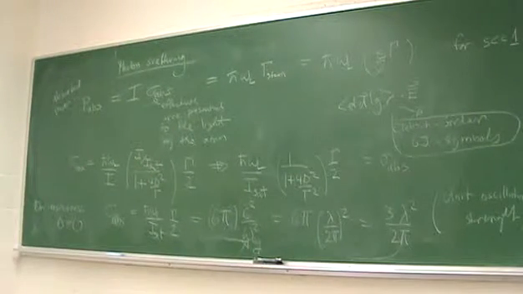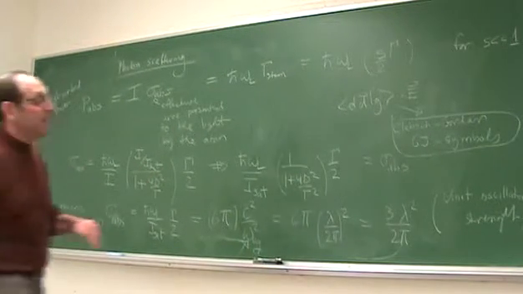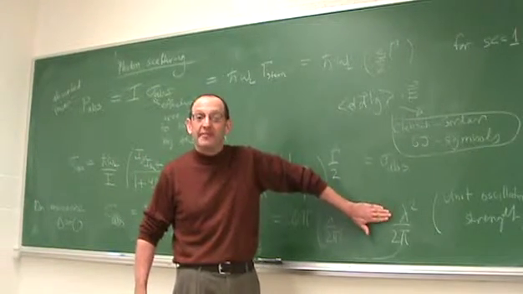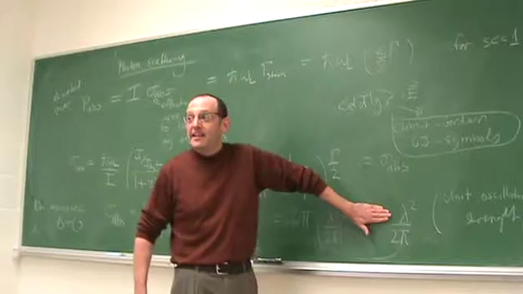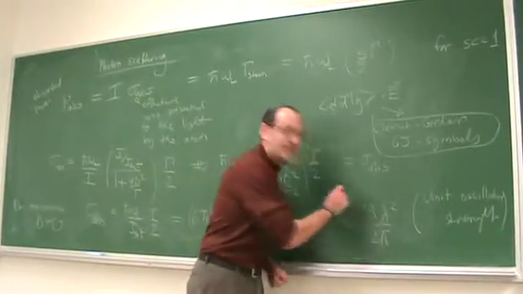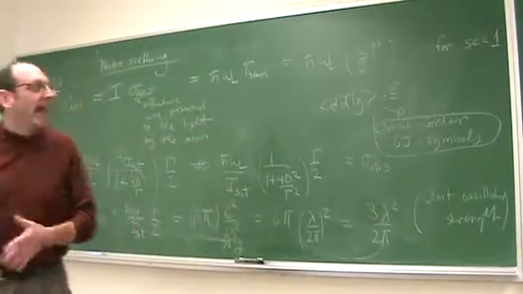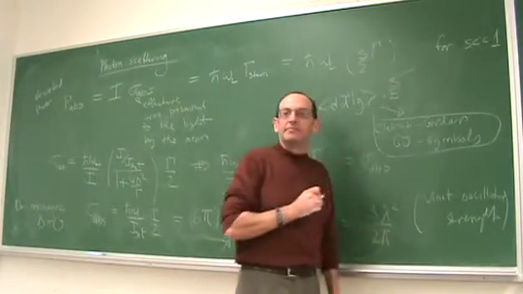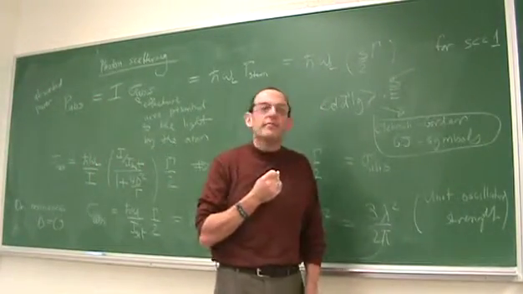Now, quite often you will see it written in many books without the factor of 3. Now, what the heck is that about? Well, again, what I'm assuming here is a fixed polarization of the light.